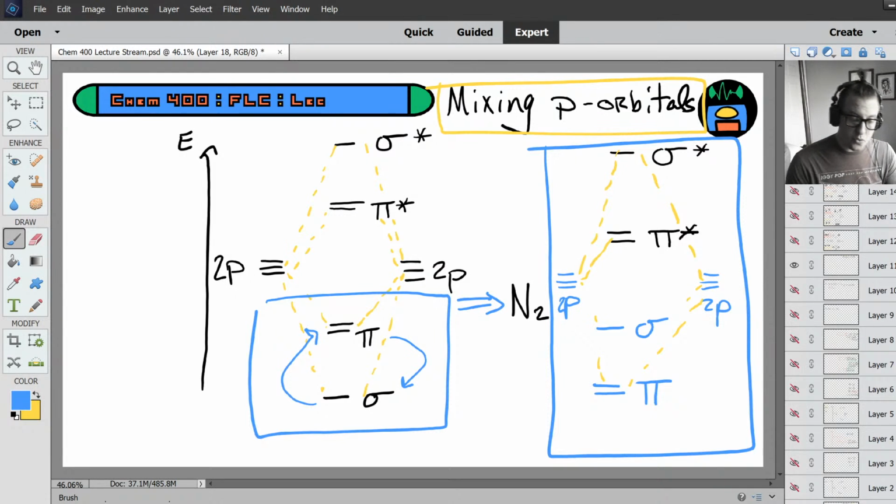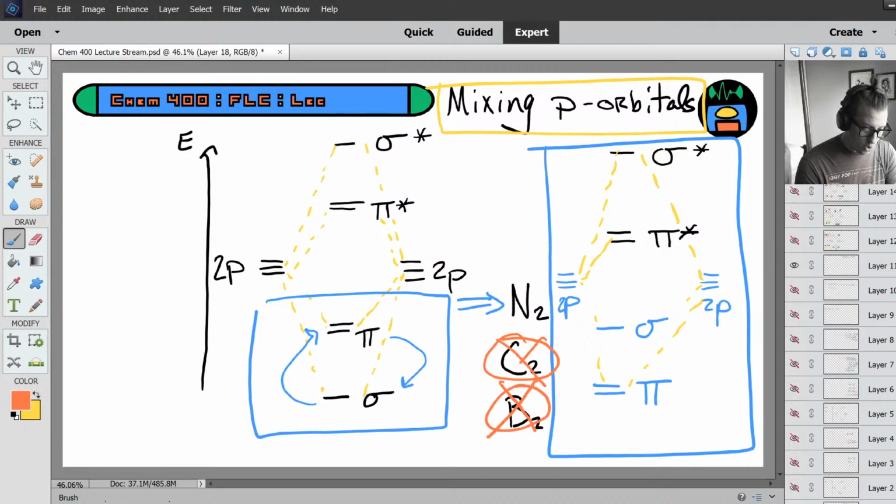Technically, and for those of you who read the book, you'll see this, this is the order of orbital energies also for C2 dicarbon and diboron. But I'm not going to mention these or test you on them because dicarbon and diboron don't exist in nature. So even though technically there's more atoms that have that reversed orbital energy, nitrogen N2 is the only one that exists in nature that has this inverted energy of the sigma and the pi bonding orbitals. So that's the only one I'm going to test you on.